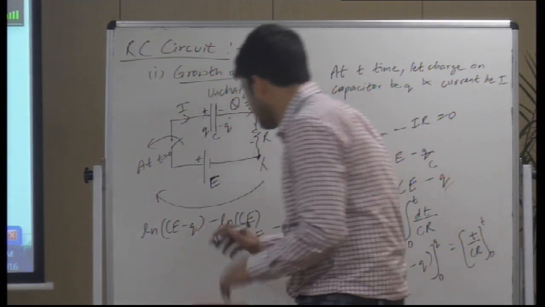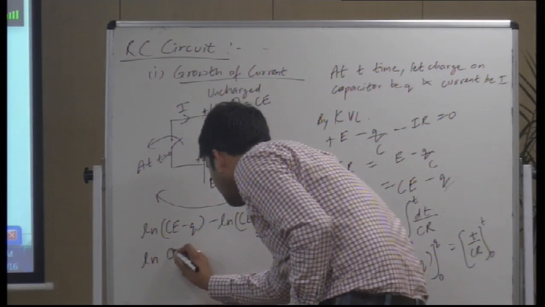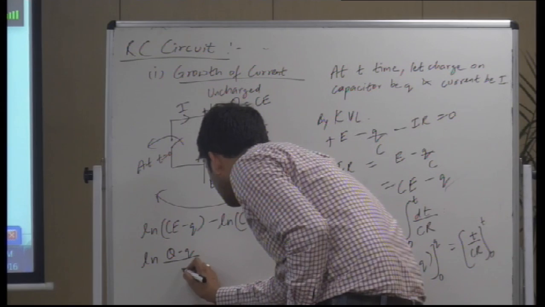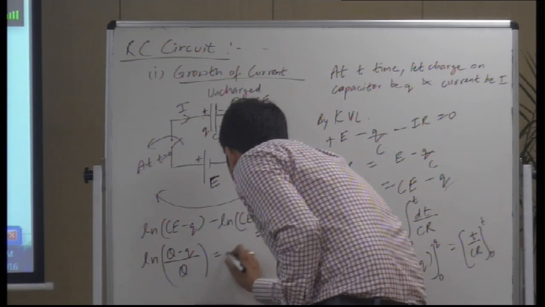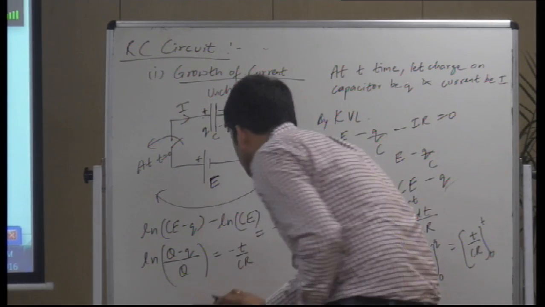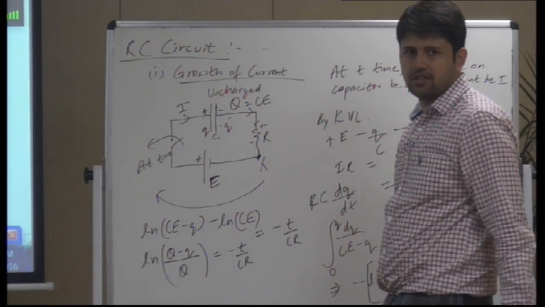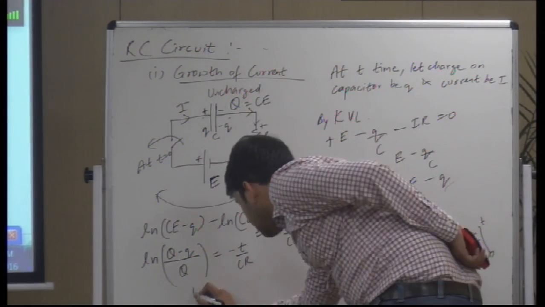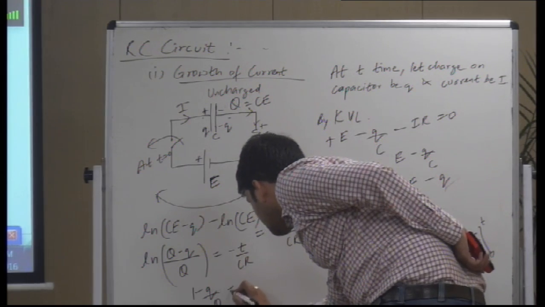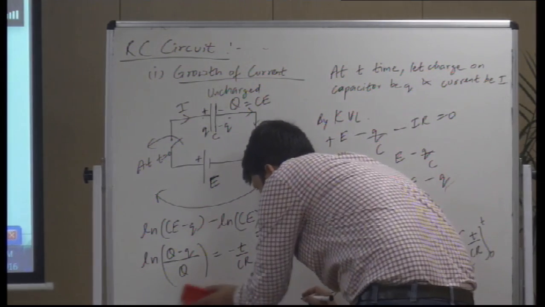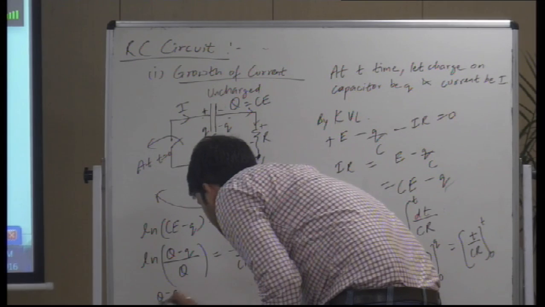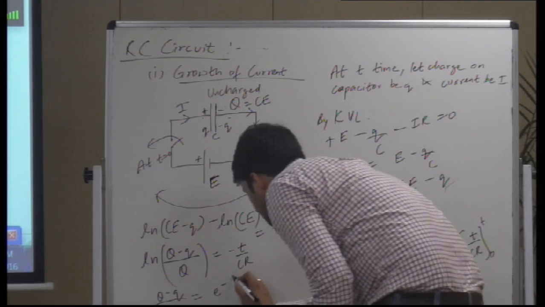Using the property of log, (capital Q minus small q) upon capital Q is e raised to the power minus T by CR. Taking the exponential on the other side, it would be 1 minus small q by Q equal to e raised to minus T by CR.